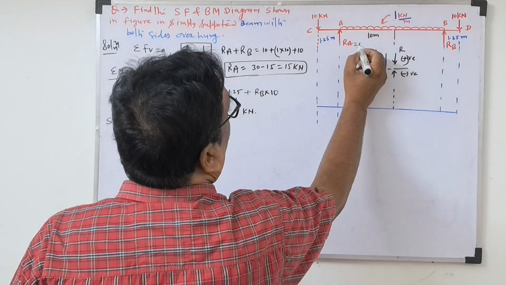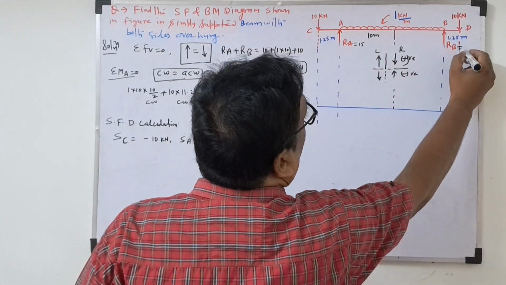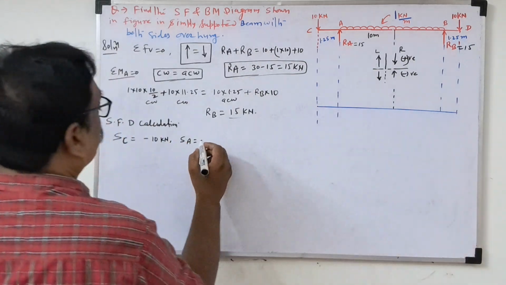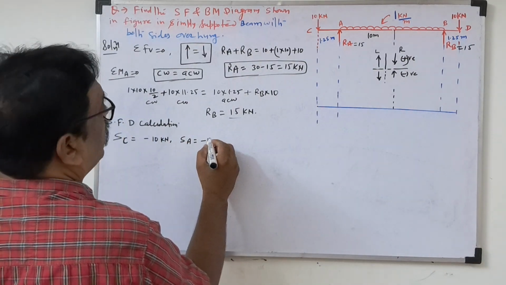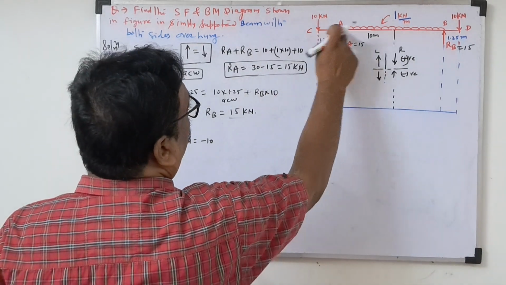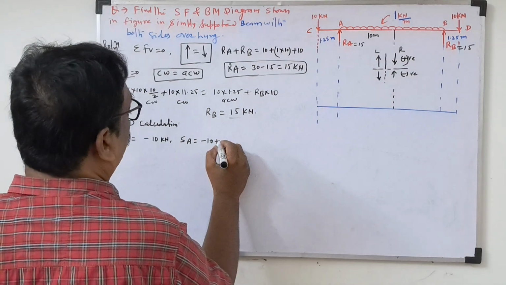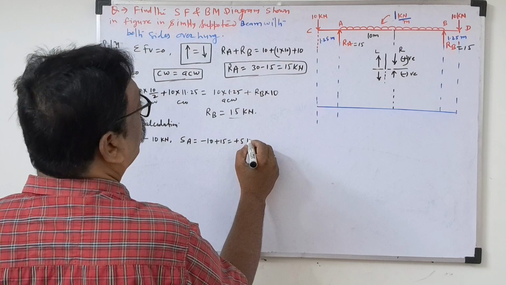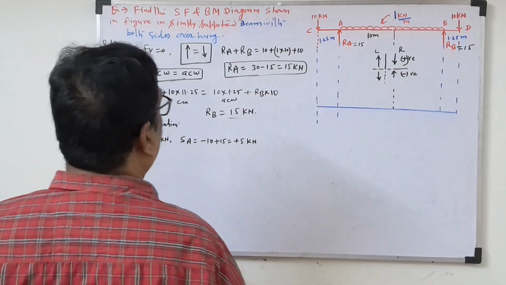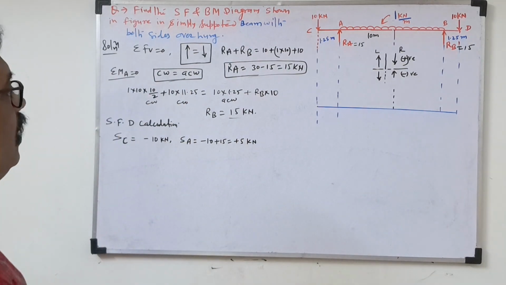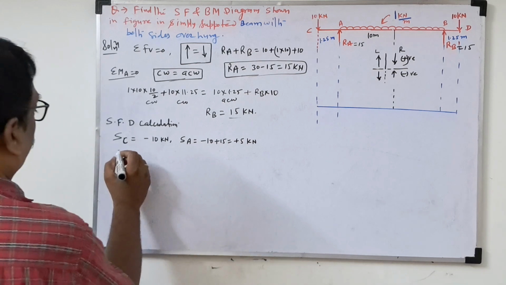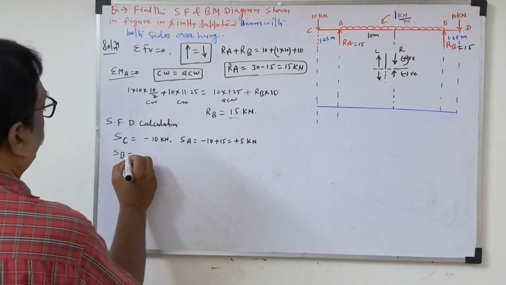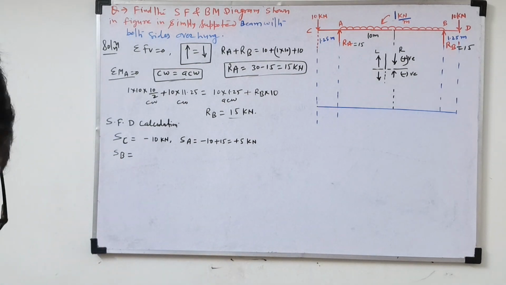RA is equal to 15, and RB is also equal to 15, we got it. So SA is equal to minus 10 up to C to A, and plus 15, so plus 5 kilonewton. So SA I got. Now we'll go to SB, the shear force at point B.